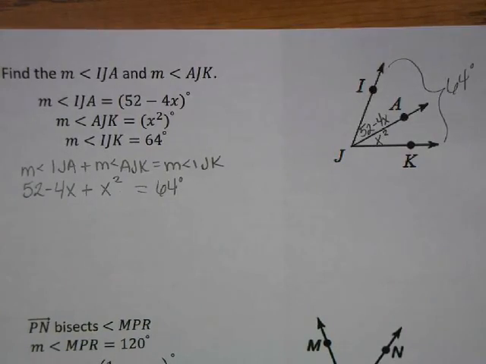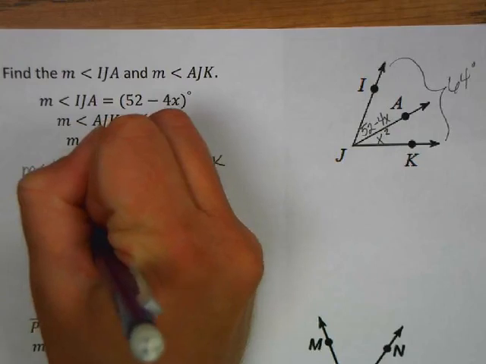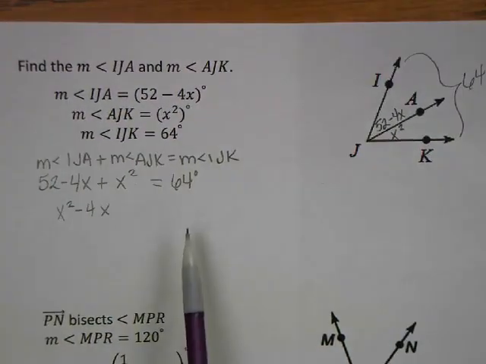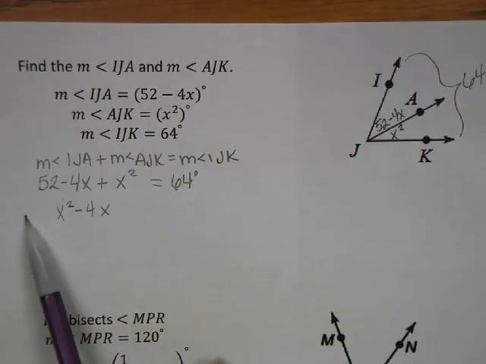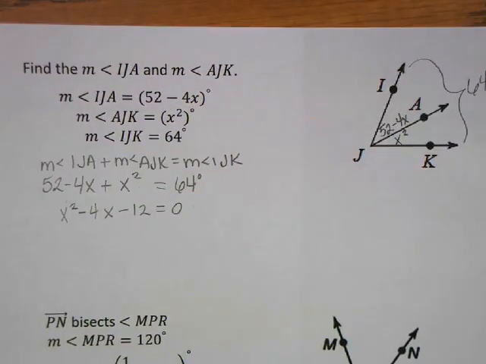So it looks like I have a quadratic equation, so I need to put this into standard form. So x squared minus 4x. And then if I subtract 64 from both sides, 52 minus 64 is negative 12. So that's minus 12 equals 0. And then from there, I could factor it, use the quadratic formula, put it into my calculator, whichever you prefer.